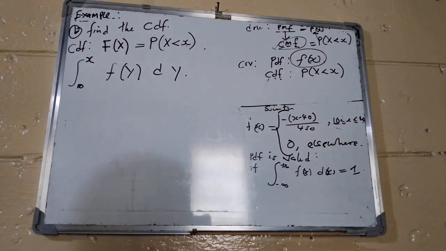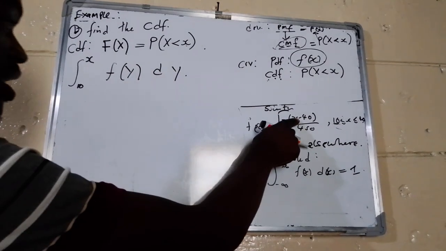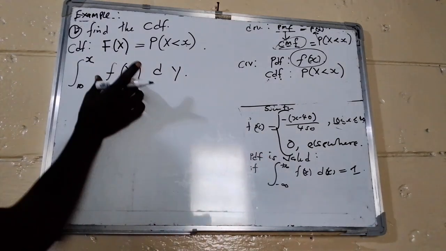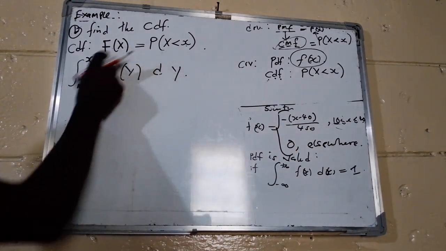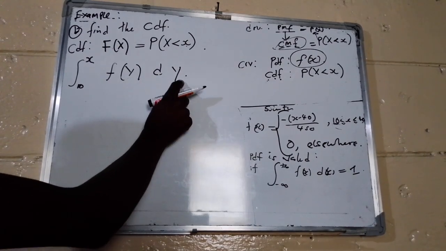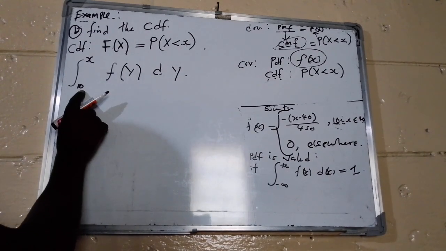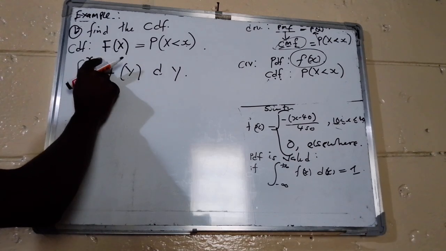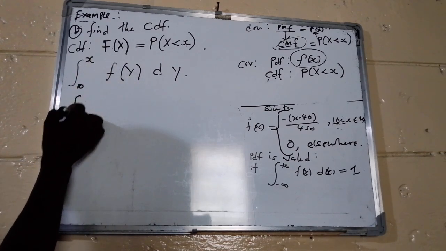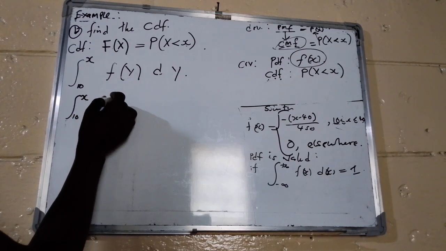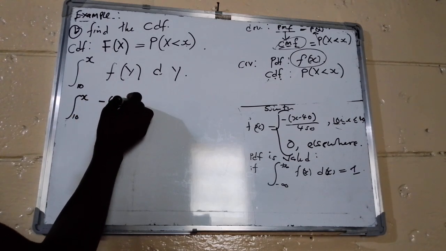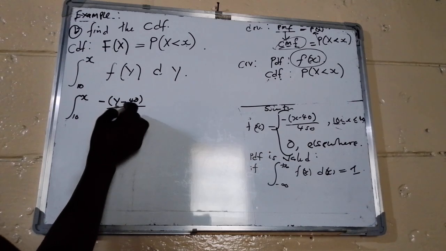The PDF is given in terms of x, but when you're replacing it here, wherever there is x, we replace with y and integrate with respect to y at the limits 10 to x. So this is basically the integral from 10 to x of negative (y minus 40) over 450 dy.